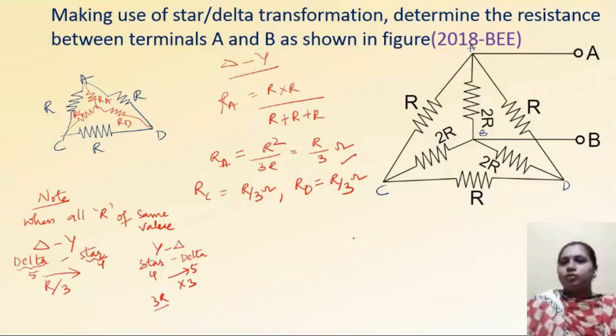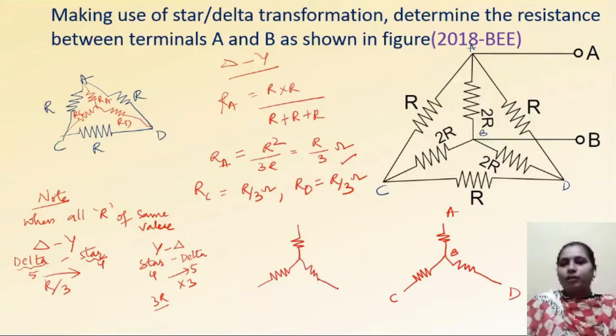Now we have to replace this star formation into the main circuit. Let me draw this circuit here once again. I am drawing the inner circuit of star. This is point A, this is point B, this is C, this is D, right? Again here I am drawing the delta converted star.